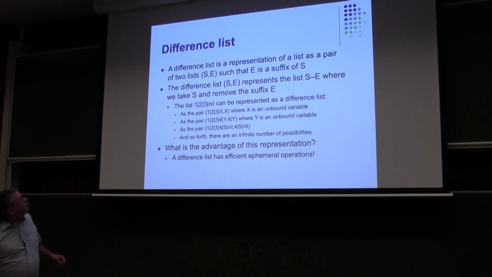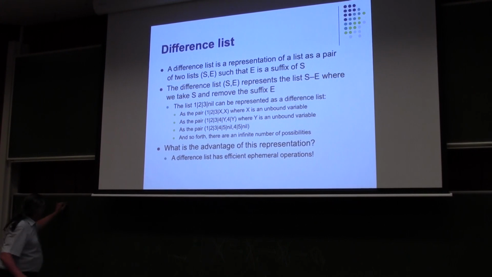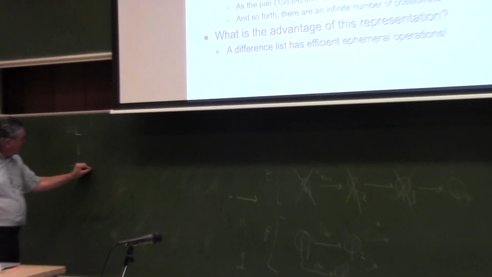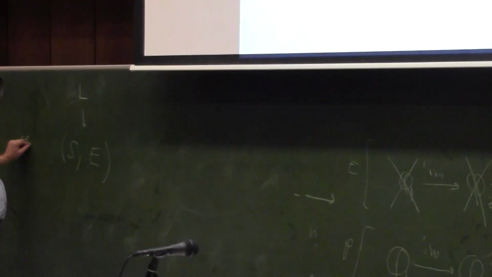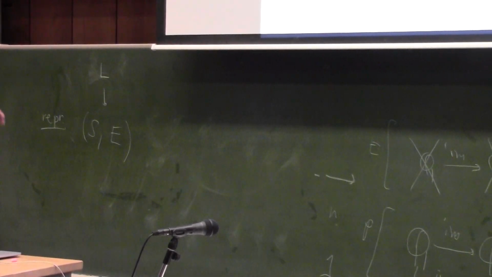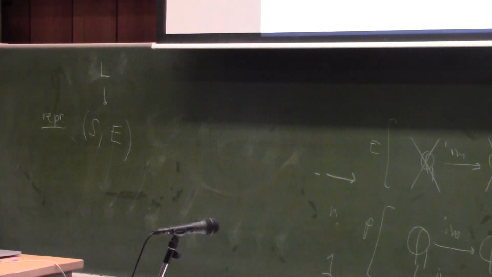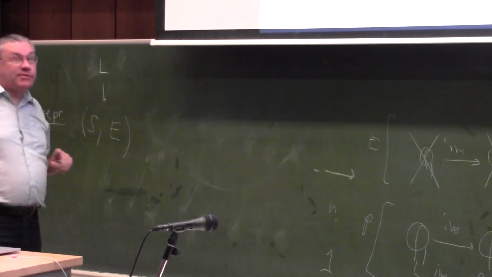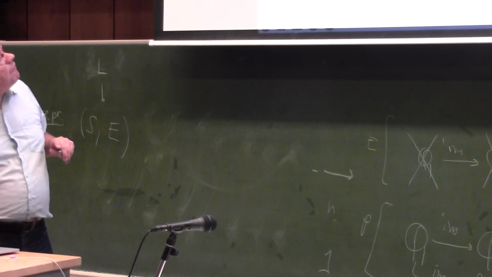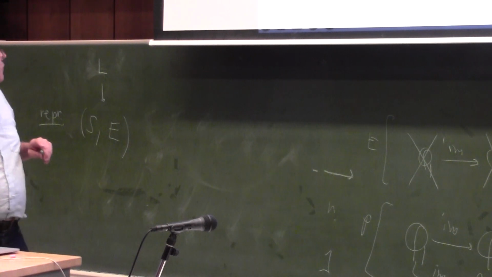If I have some list L, I will represent it as two lists, S and E. This is a representation of a list. It's still just a list, but I'm representing it in a funny way as two lists. And E is the suffix of S.